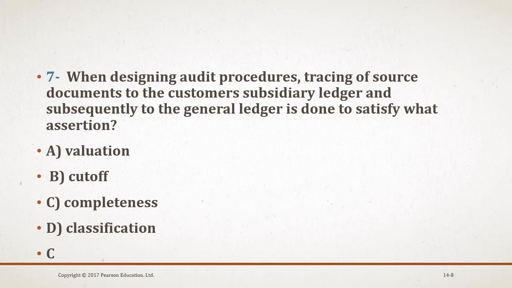It means the management appeal that everything is correct and fine, right? So the most important answer is number C, completeness. It means no transactions were omitted.